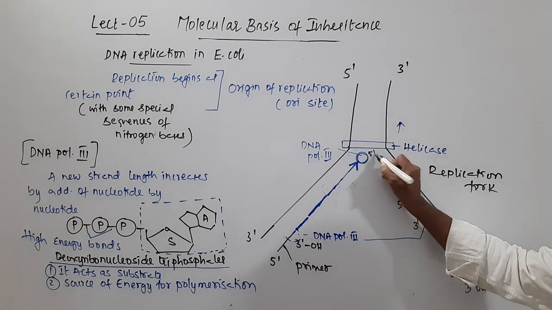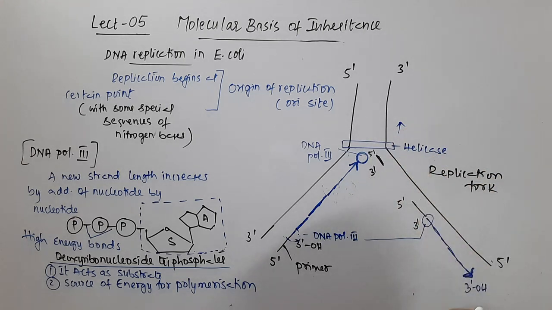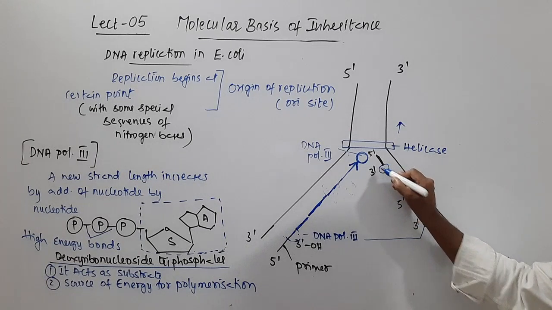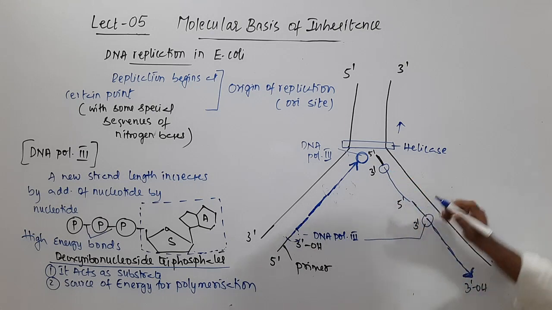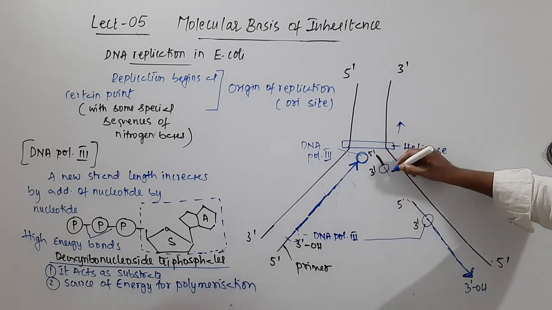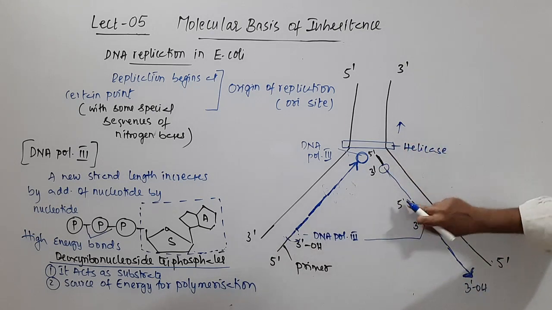This will have again 5 dash and 3 dash. Now the DNA polymerase 3 binds up here and then starts adding nucleotide by nucleotide, and it will be growing up to here.